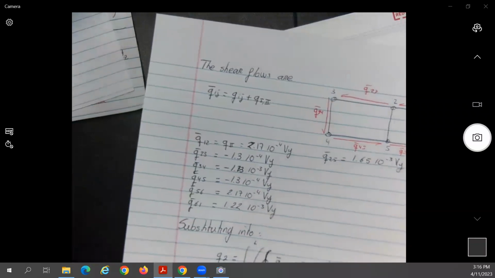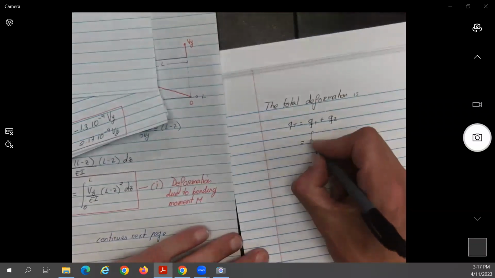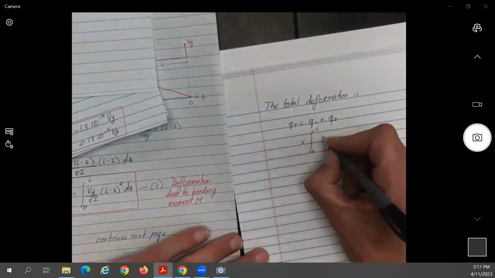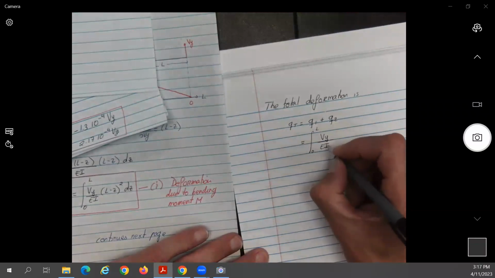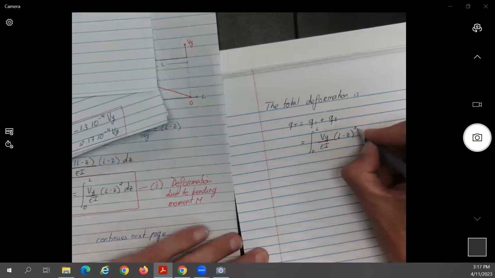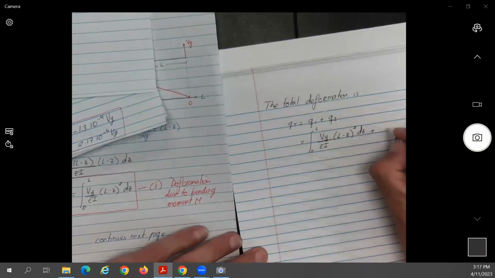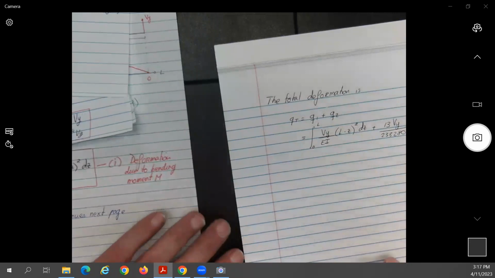Oh, we didn't calculate it. So Q1, we had the integral from 0 to L of dy over EI times (L minus Z) squared dz. And here we have plus 13 dy over 238,280.